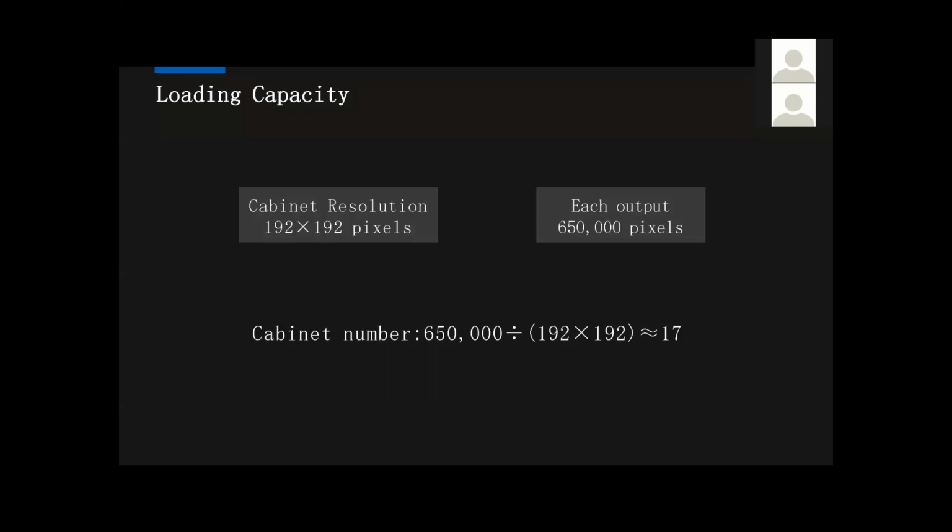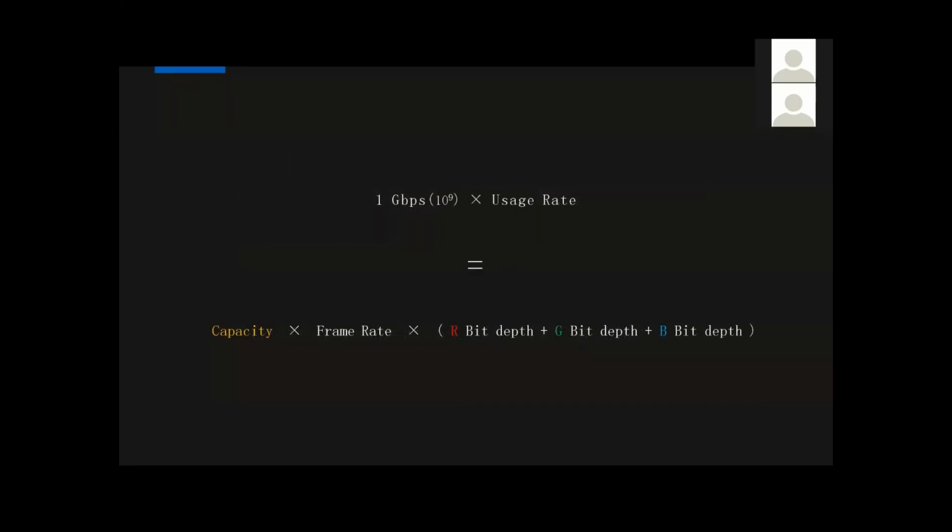And someone may ask, where do the 650,000 pixels come from? Actually, there's a formula we use when we design the system. On the top of this formula, because we're transmitting video signals, and the connection between the sending card and your screen is a standard Cat5 or Cat6 Ethernet cable, the bandwidth of the Ethernet cable is 1 gigabit per second.